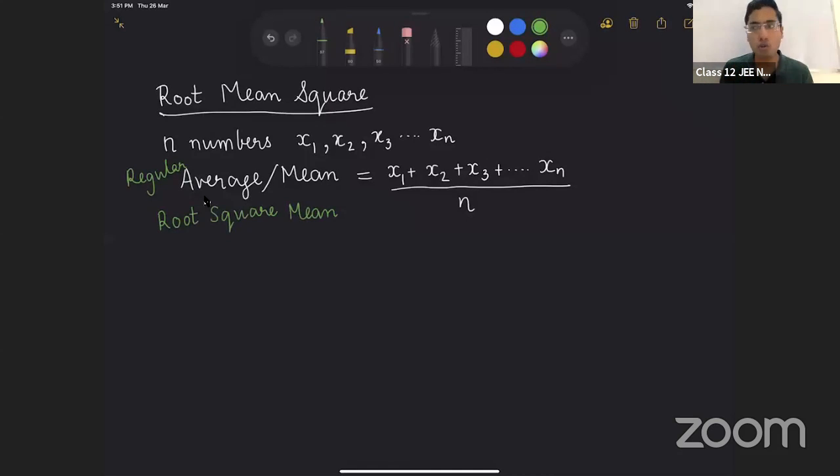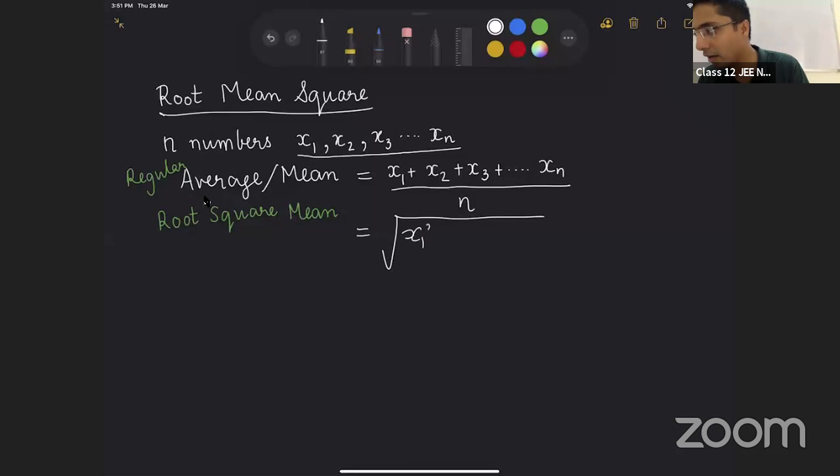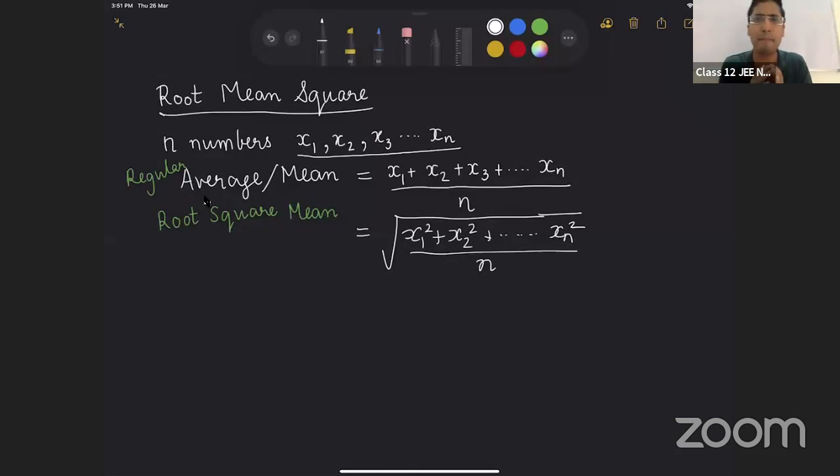Correct? Root square mean for the same numbers is defined as root of x1 square plus x2 square till xn square divided by n. So it is just a simple definition.